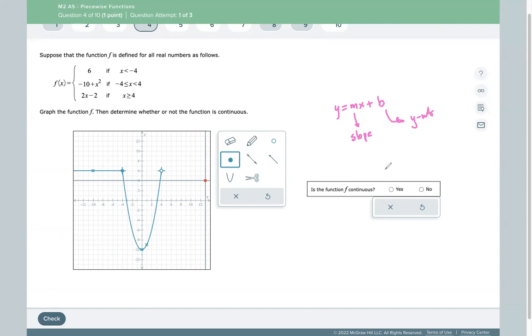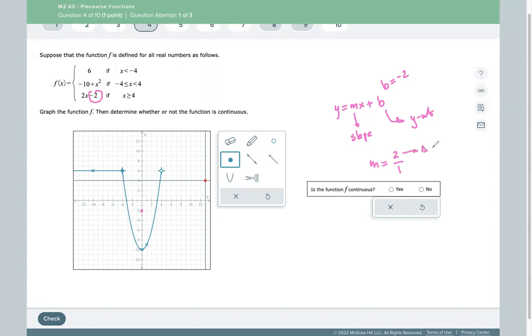So we can use that to have an idea of the way this graph is going to be looking like. So this is telling us that we're going to have a line that crosses the y-axis at -2, that b is equal to -2. And the slope is 2, or 2/1.